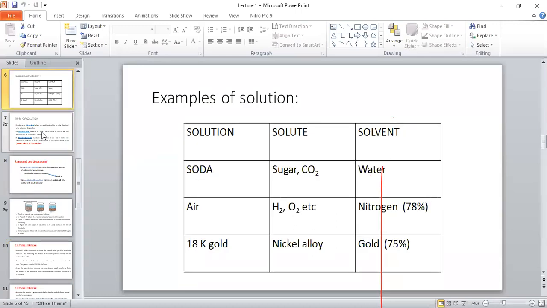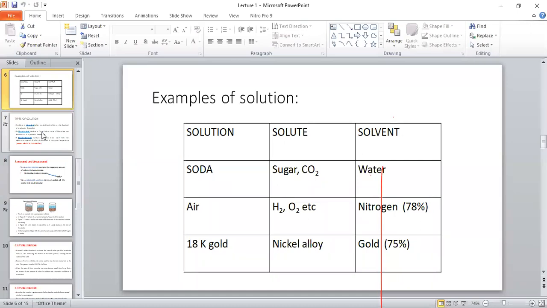So examples are here. Like I said, you can have a liquid solution, a gaseous solution, and a solid solution. Here, an example is soda water.